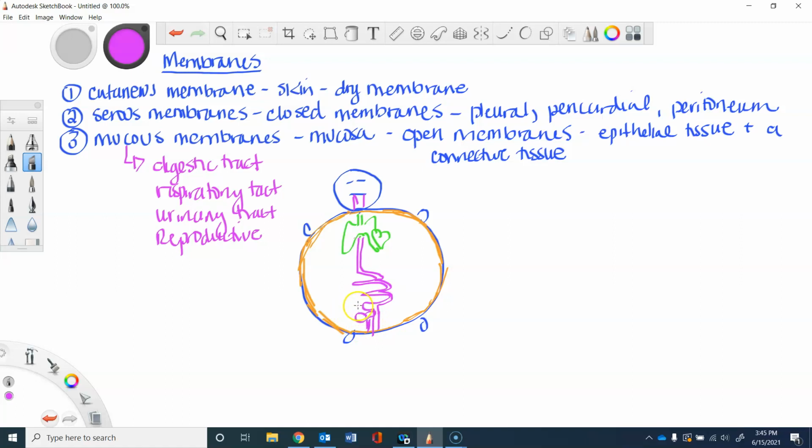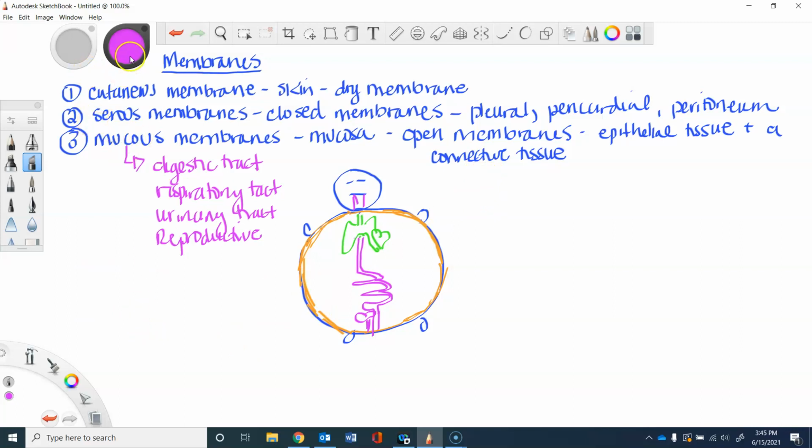The tubes that are part of the reproductive tract, so the vagina, those places are going to be covered with mucous membranes. Okay, so all four of those. And again, it's an epithelial tissue with a connective tissue that makes up the mucous membranes.